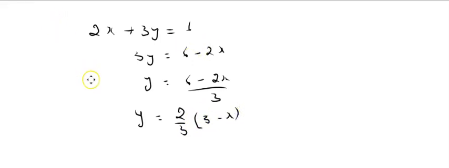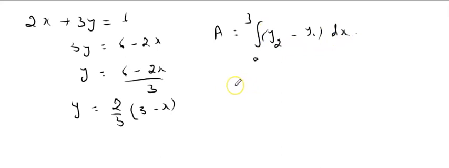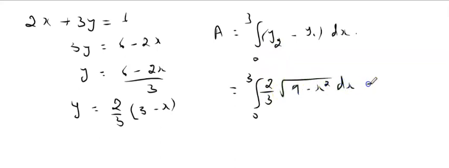So already we saw the required area is equal to integration of 0 to 3 of y2 minus y1 dx. In the place of y2 it is now going to be 2 by 3 root over 9 minus x squared dx, minus integration of 0 to 3, same way 2 by 3 into 3 minus x dx.